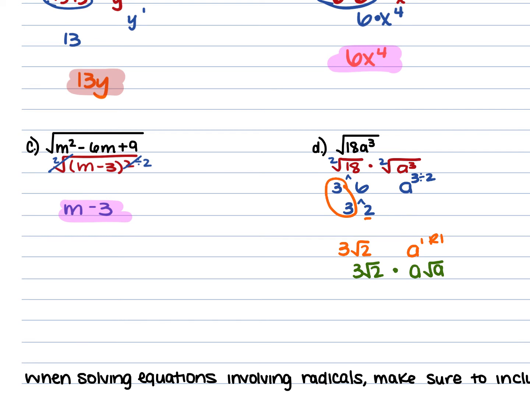Whatever's outside is going to multiply together. Whatever's inside will multiply together. So this is going to give us 3 times a, which is 3a. And the square root of 2 times the square root of a is the square root of 2a. So 3a square root 2a.